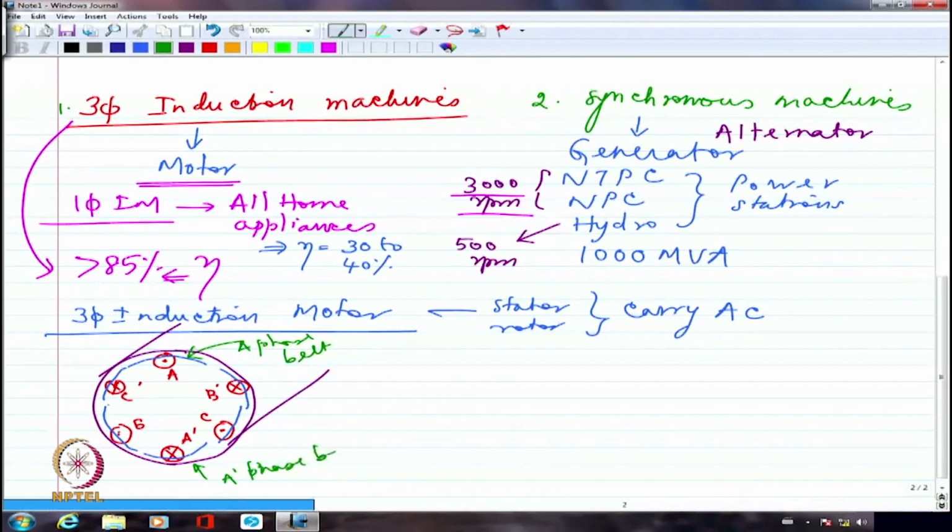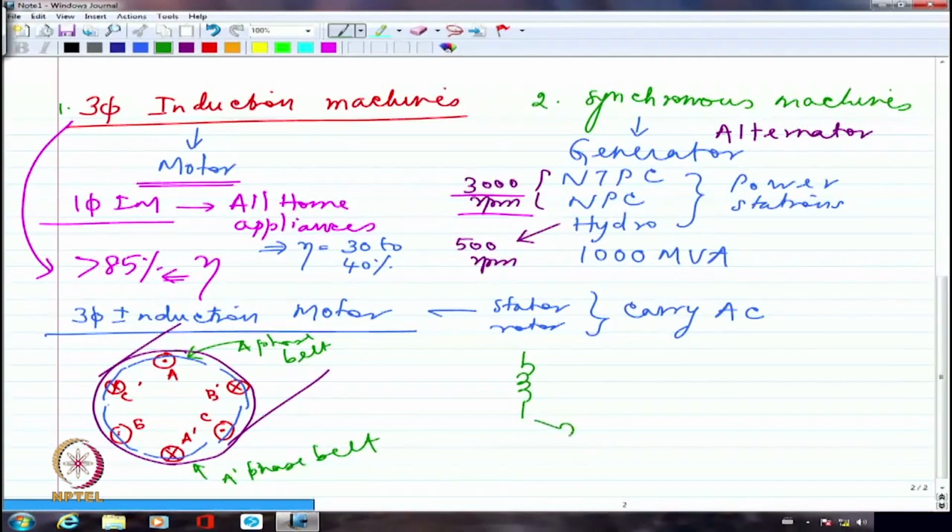So we will generally put the windings corresponding to A phase. Please note that these three windings are independent, completely independent. Each of them is going to be supplied by A phase current, B phase current and C phase current respectively. So I will have the A phase winding shown like this, maybe the B phase winding shown like this, the C phase winding shown like this.